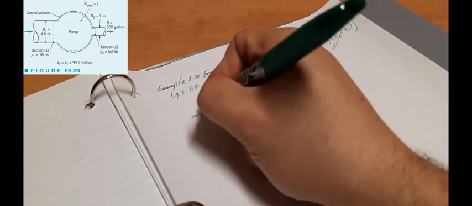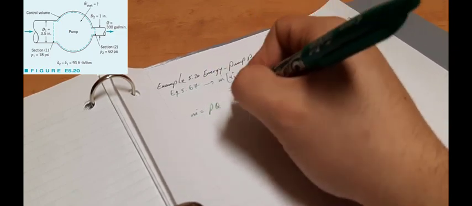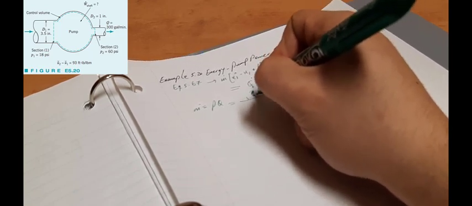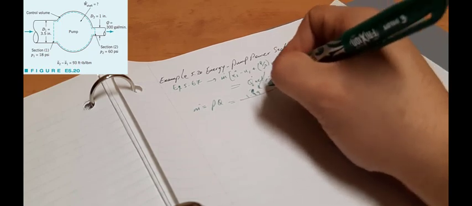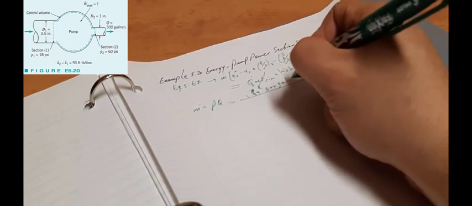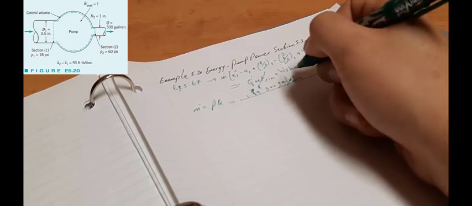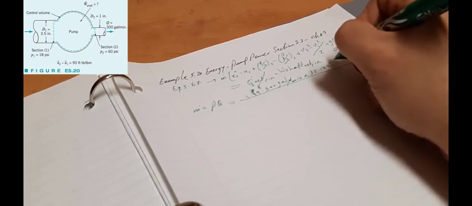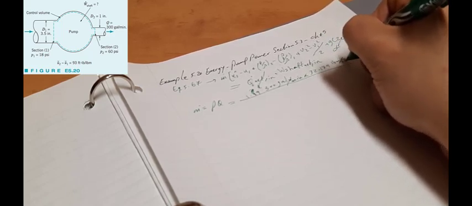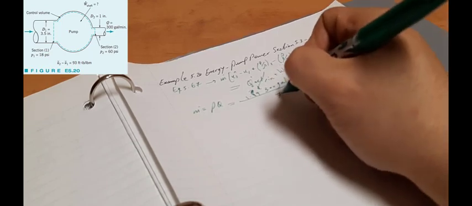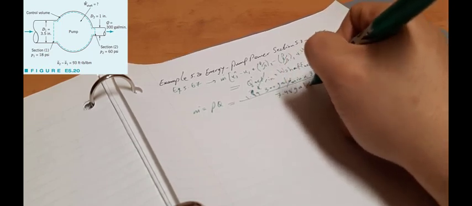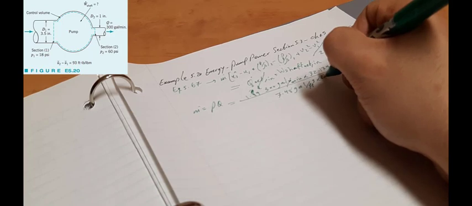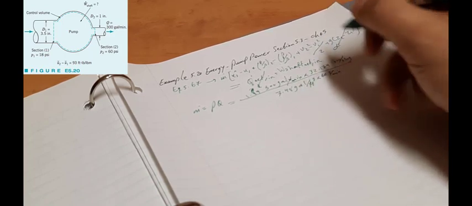So m dot is equal to rho Q, which is equal to 1.94 multiplied by 3000 gallons per minute, which is defined in the question, multiplied by 32.174 lbm per slug, divided by 7.48 gallon per cubic feet, multiplied by 60 seconds per minute in order to have all of them converted.